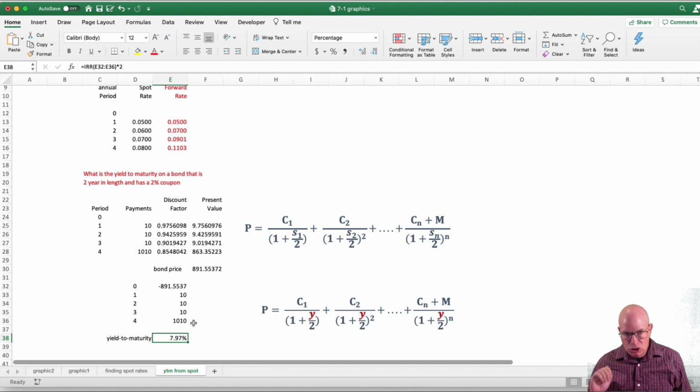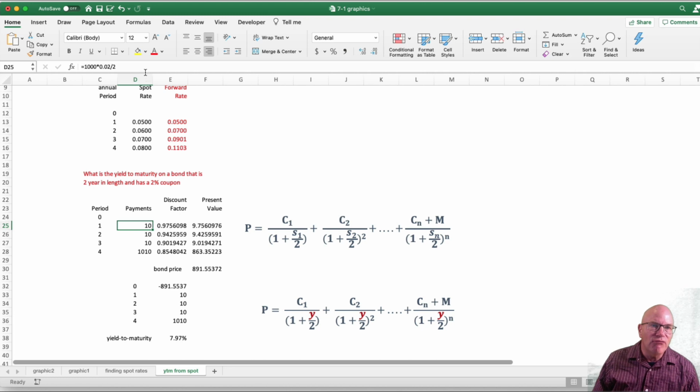Now, note, if I change anything about this bond, in particular the coupon rate, I'm going to change, obviously, the bond price and also the yield to maturity. Again, if you look at this yield to maturity, it's sort of weighting these spot rates. But just let me give you an example. Let's say that rather than 2%, it's 4%.